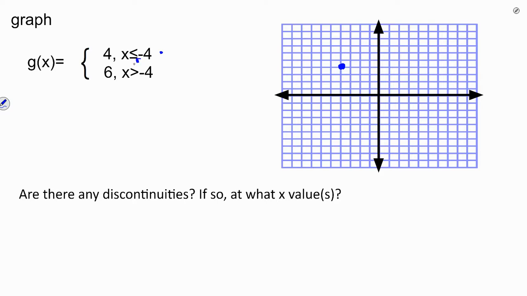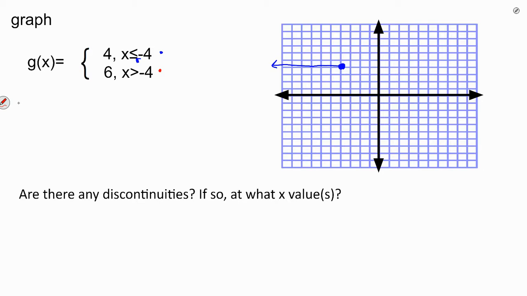Now this says that this is the rule for when x is less than -4. So that means I'm going to go to the left here, and it is a horizontal line. Every x value is going to give me a y value of 4. Now for the next one here, we've got x is greater than -4. So it means x is bigger than -4, gives me a value of 6.